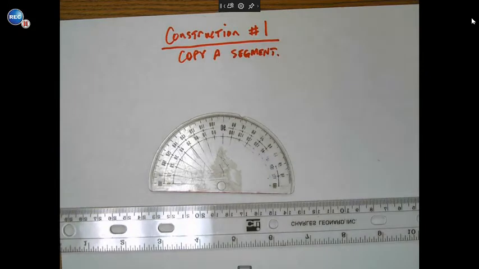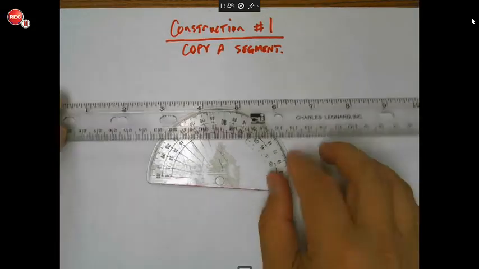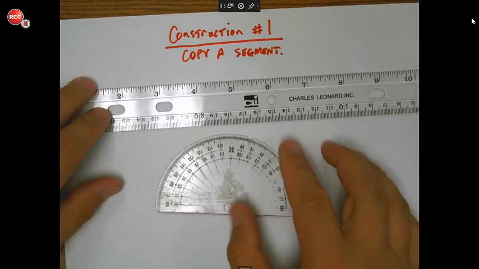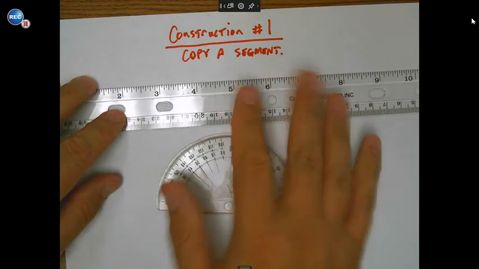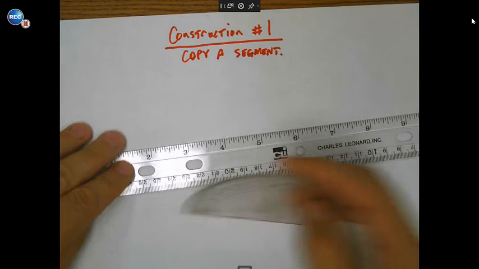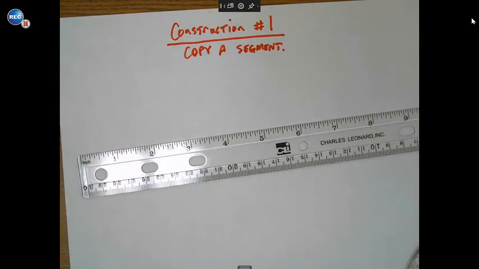All right, so we're going to teach you how to copy a segment. Now again, we don't want to use the numbers side of a ruler, like we're not measuring a segment saying, oh, it's 3.5 inches. No, no. We're just using the straight edge part of it.